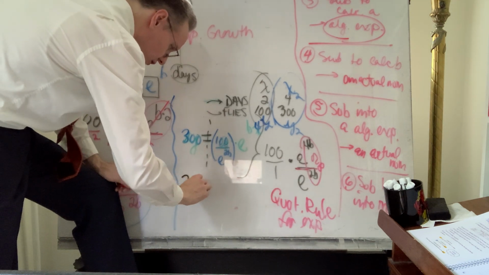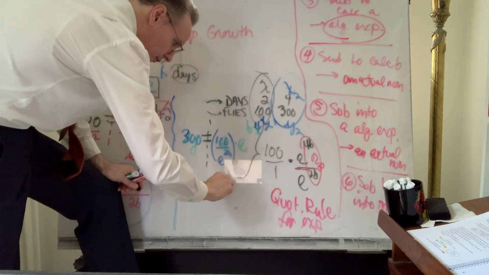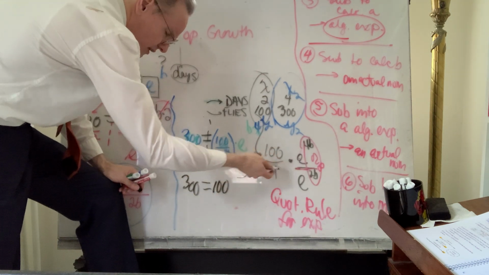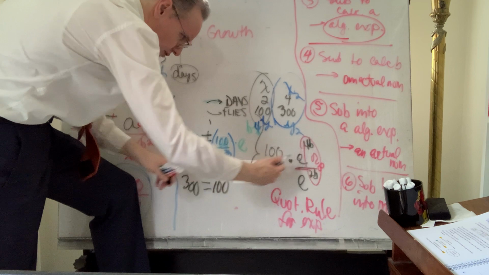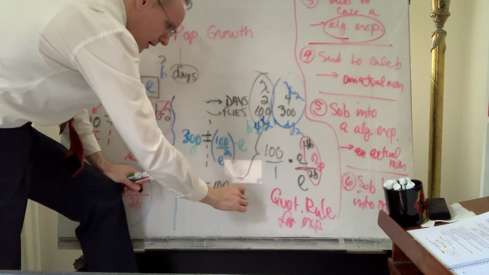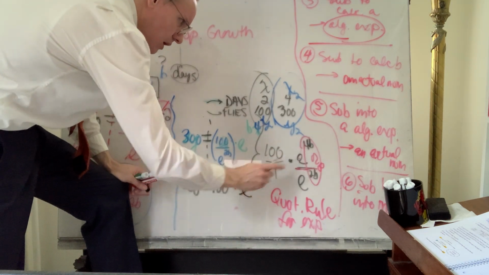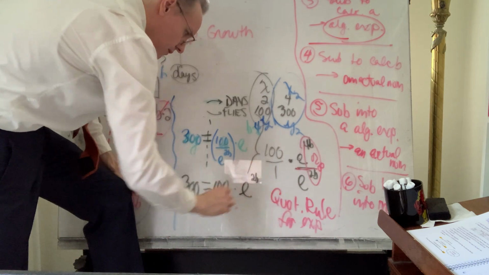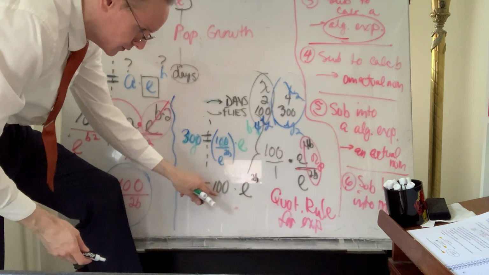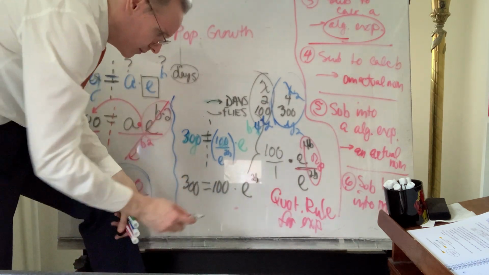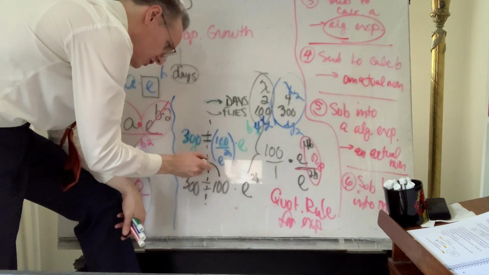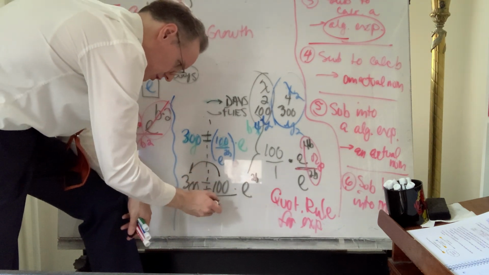So what you end up with, at least temporarily, is this. You have 300 still floating around over here. You still have 100. The 1 here that I put there is just to show you split as fractions. It's superfluous. Times e to ultimately 2b. Now I have an obvious coefficient times the base of e. I'm going to algebraically scoot this from here to here, which is via division.